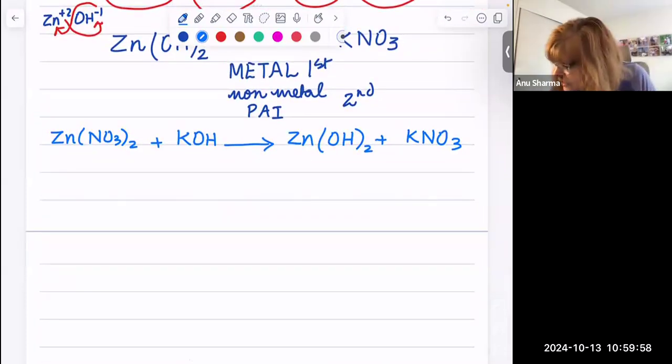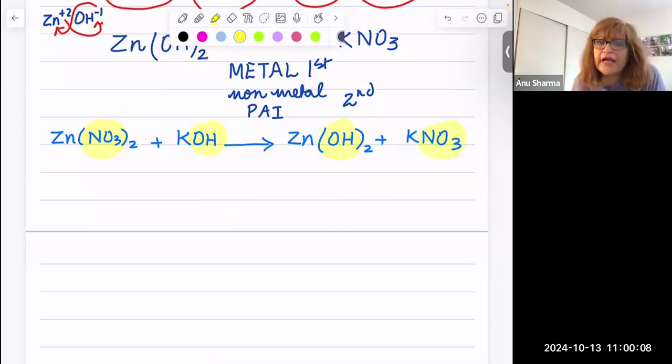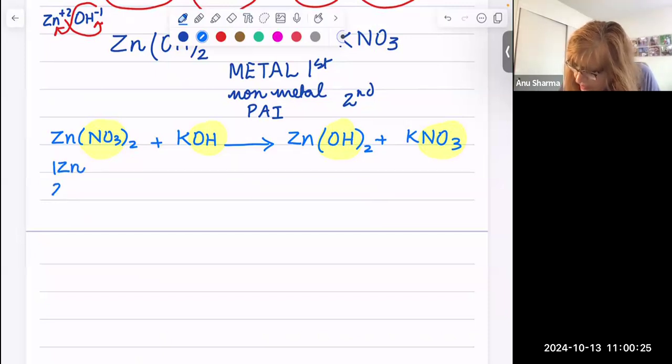In this case, since we have these polyatomic ions, it is okay to leave them intact. Keep the polyatomic ions intact, since they are the same on the reactant and the product side. So how many nitrates do you see on one side? There is one zinc and there are two nitrates.